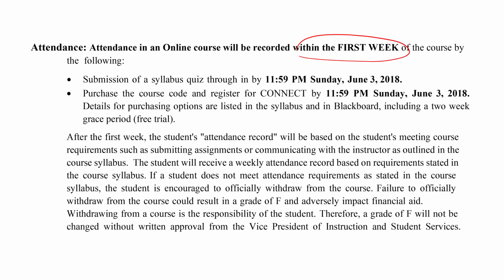You can do that if you're waiting on a paycheck or something like that. Go ahead and get it as soon as you can. It will hold your grades and everything so that when you actually purchase the code, you can put that in there and all your grades will come over and it'll keep all that stuff.